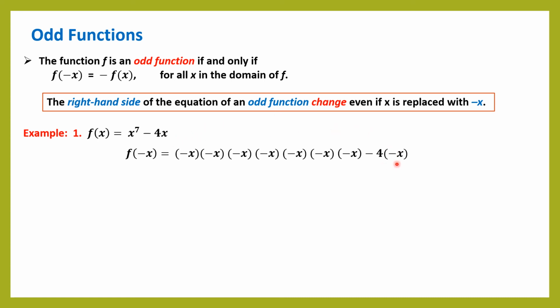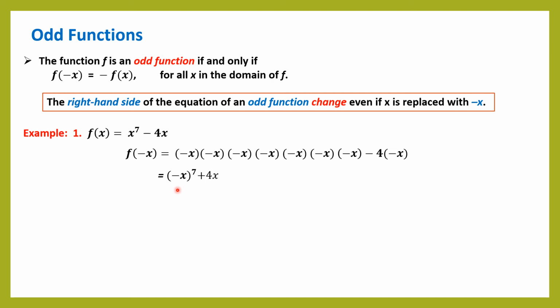Substitute natin to. Then, tandaan nyo, kapag ang exponent natin ay odd numbers, let's say 3, 5, 7, ibig sabihin, ang magiging product ng negative sign natin ay negative. Pero kung ang exponent natin ay even numbers, let's say 2, 4, 6, 8, and so on and so forth, ibig sabihin, ang product ng ating negative sign ay positive.